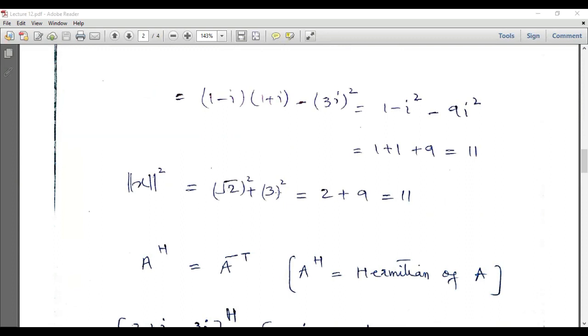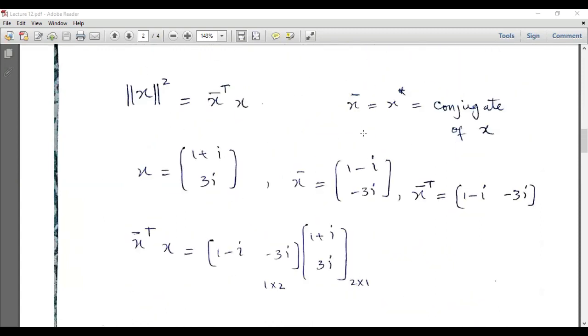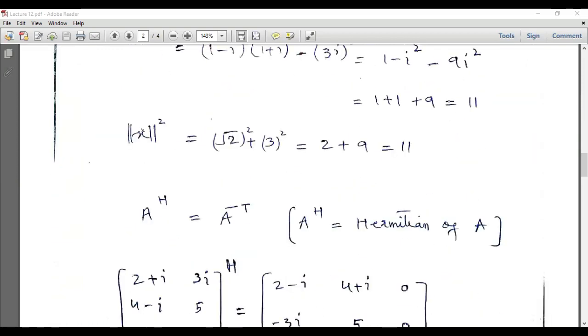So root 2 squared plus 3 squared will be equal to 2 plus 9, which is equal to 11. So both answers are equal. So we can conclude that x second norm squared is equal to x conjugate transpose multiplied by x. Okay, because we have evaluated the same answers.